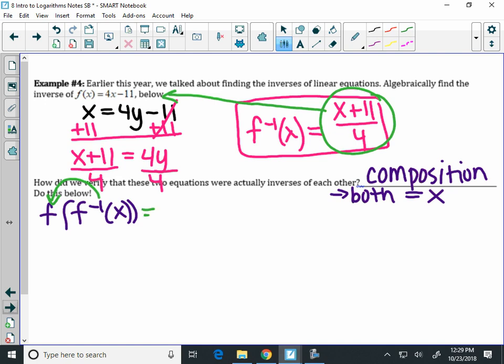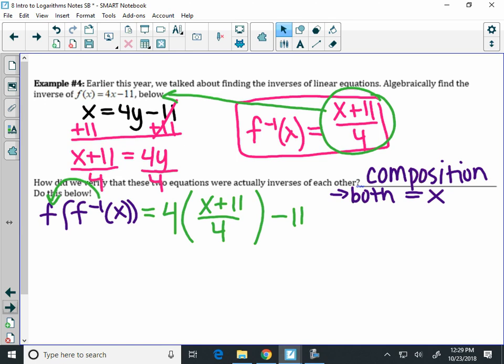So you would write 4. Now instead of x, we write the entire function f inverse: x plus 11 over 4, then minus 11. And then you would simplify. So what would you guys do first here to simplify? Cancel the 4's.